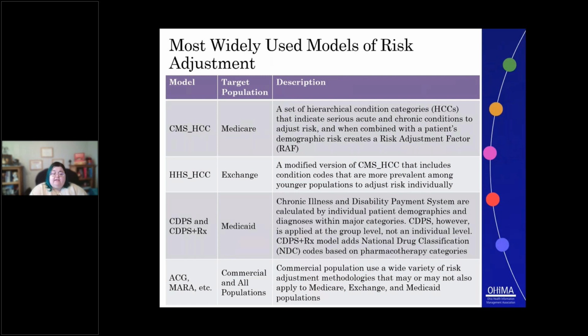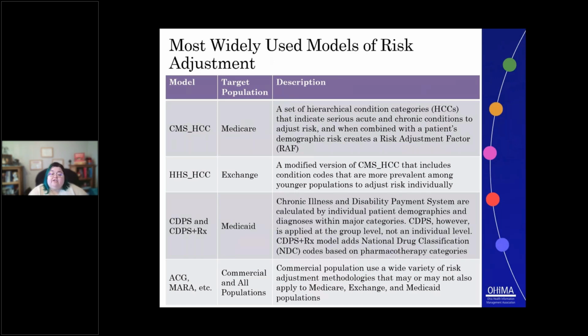For the Chronic Illness and Disability Payment System, or CDPS risk adjustment model, it's mainly used across the U.S. to risk adjust populations on Medicaid. The CDPS model categorizes all the major body systems and type of chronic disease, and then weights diagnoses based on clinical severity and expected future costs.